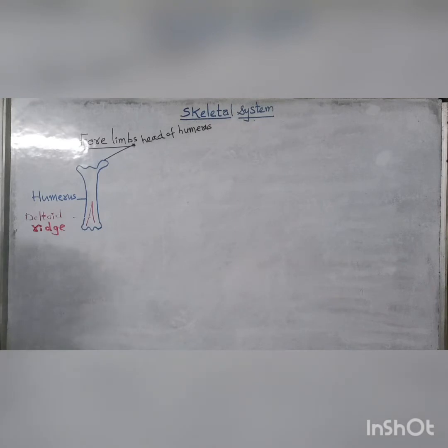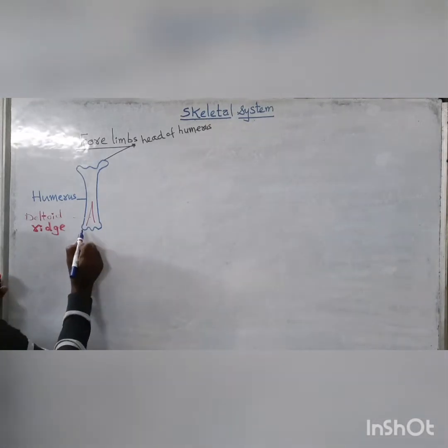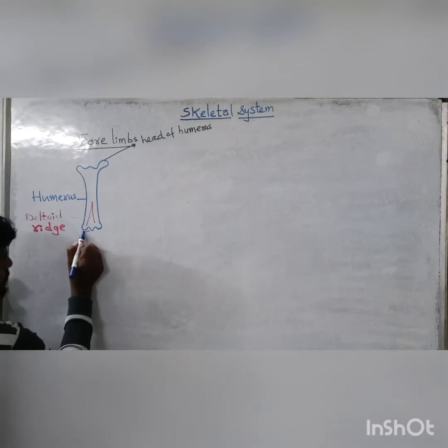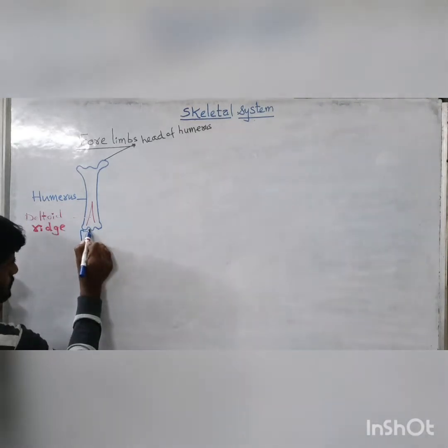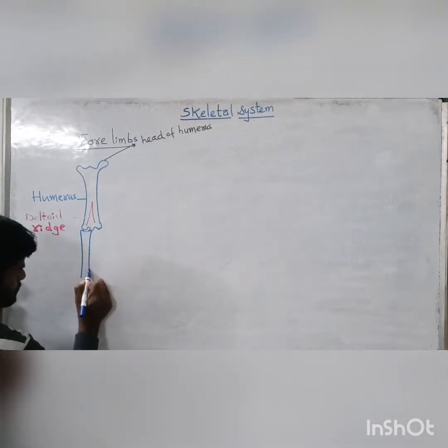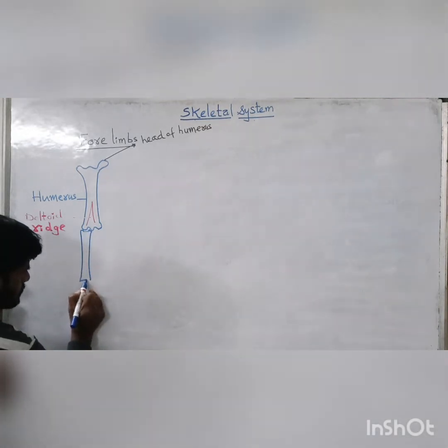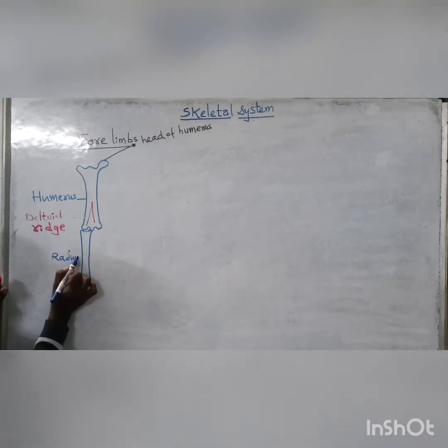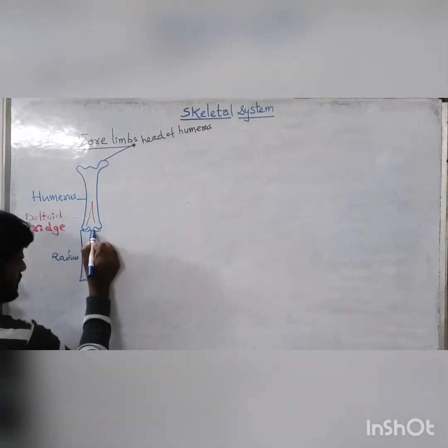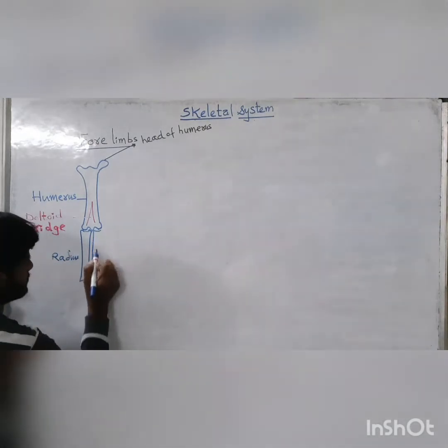The humerus articulates with the radio ulna. This bone is radius, and this bone is ulna.